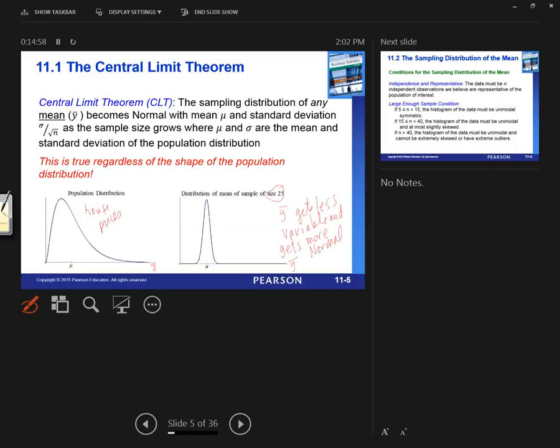Which is great because I don't know how to calculate areas under this guy, but I can get these from the standard normal table. So I can calculate normal probabilities. That's one of the awesome things about the central limit theorem: if the means are normal, I know how to calculate probabilities about them.